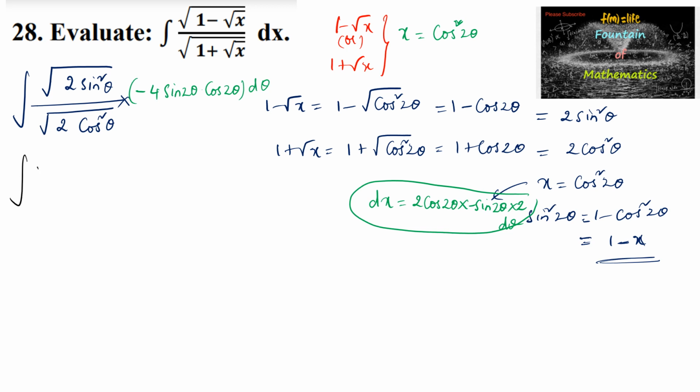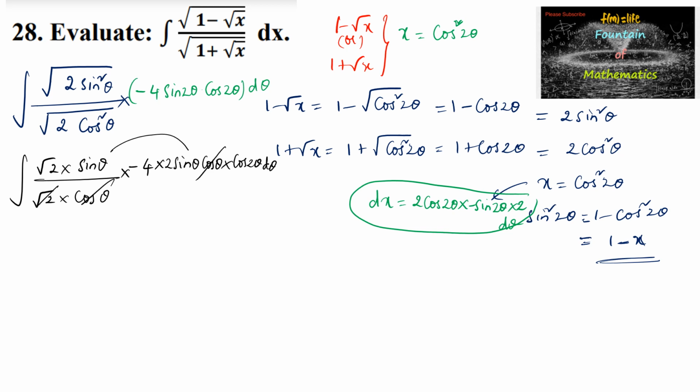So the integral is root 2 into sin theta upon root 2 into cos theta into minus 4 sin 2 theta, and we can write sin 2 theta as 2 into sin theta into cos theta into cos 2 theta d theta. So we can cancel here cos theta, and write sin square theta.